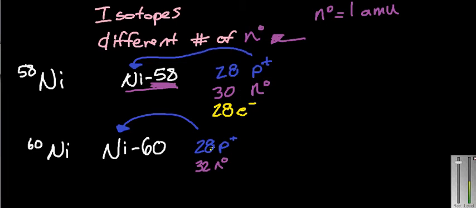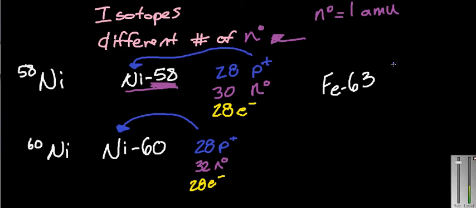And the electrons are going to balance the charge of the protons, so they're going to be 28. Just like that, we've solved for nickel 60. I'm going to do one more, and I want you to pause the video and attempt this one. Let's do Fe 63. So try that one.